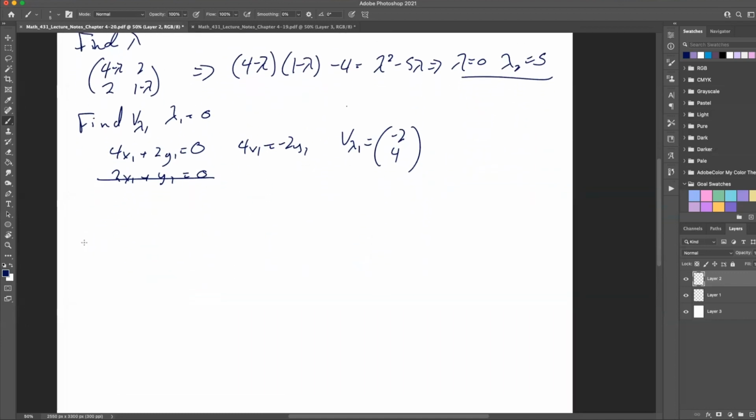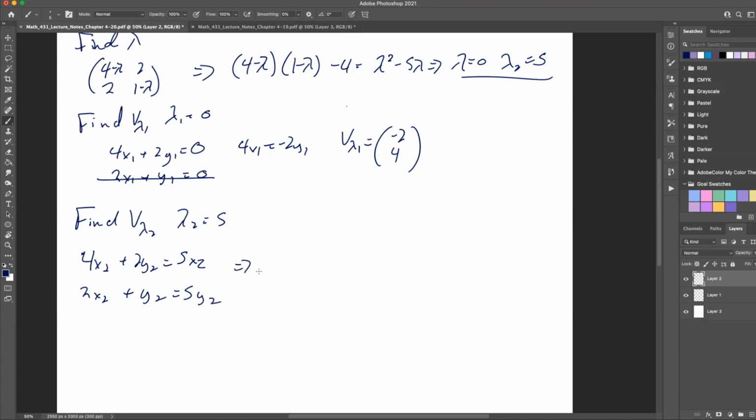Now do v lambda 2, where lambda 2 is equal to 5. So we'll have 4x2 plus 2y2 equals 5x2, and then 2x2 plus y2 equals 5y2.